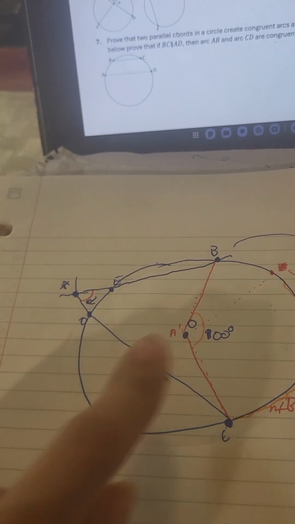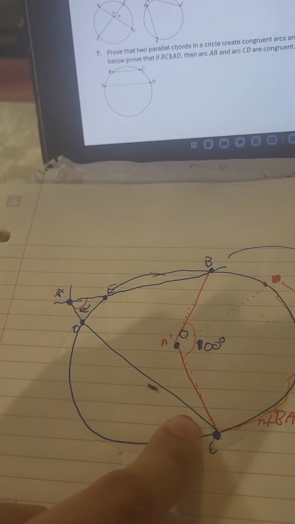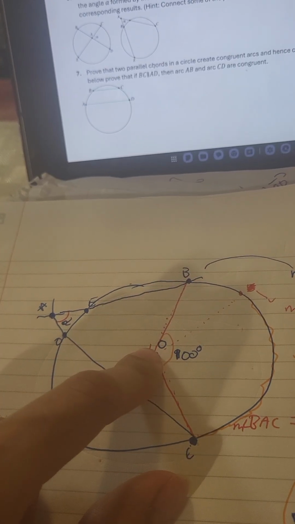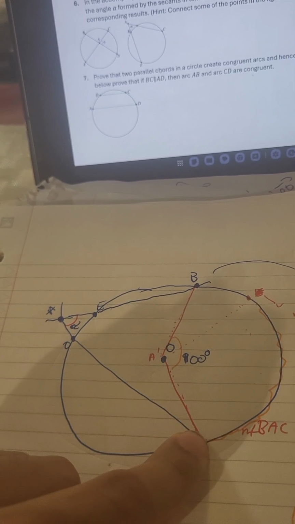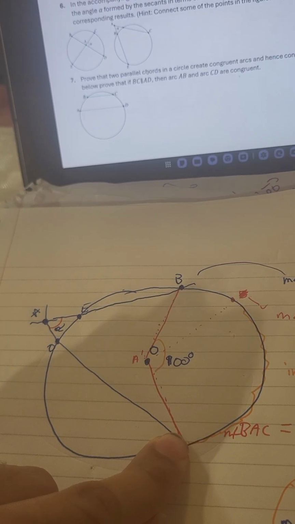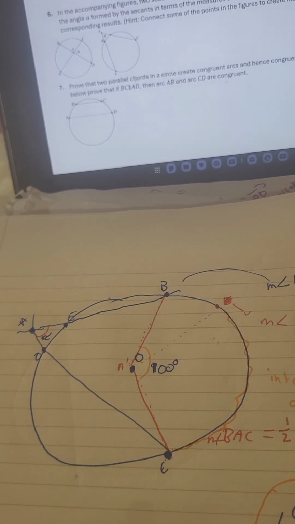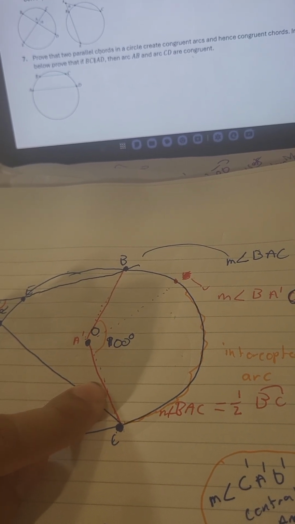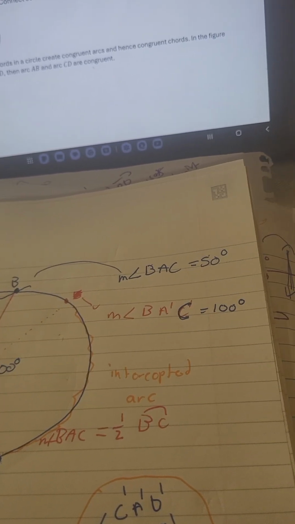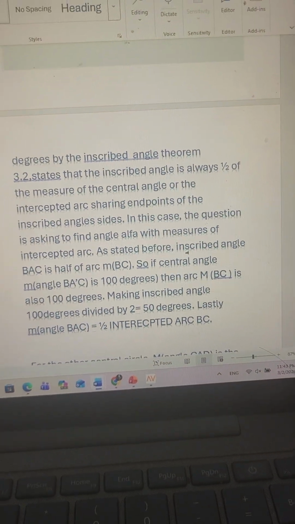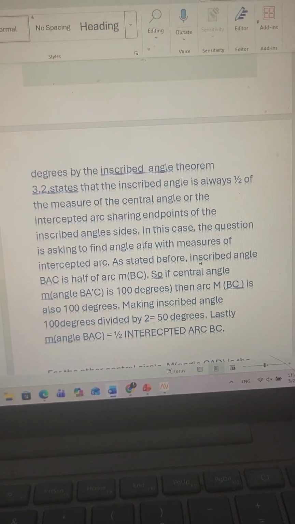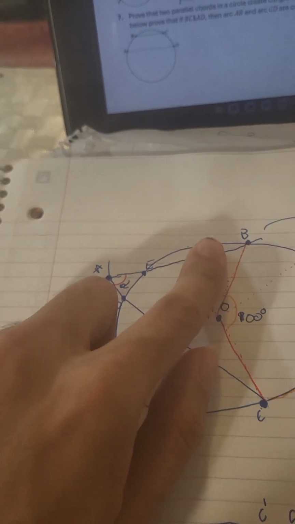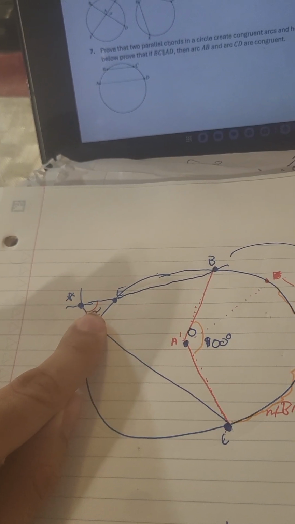So in this case, BAC will be the inscribed angle, and B prime A prime C will be the central angle. So for example, if angle BA prime C is 100 degrees, by the inscribed angle theorem, we will have to divide by 2, making the measure of angle BAC 50 degrees.